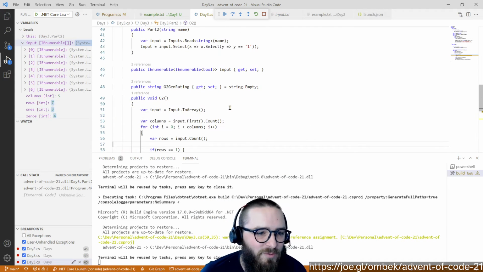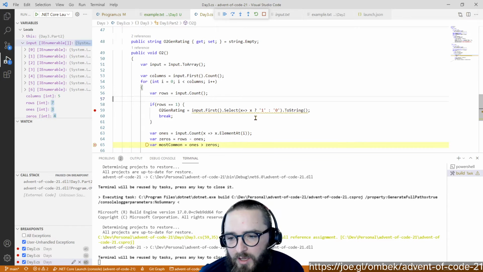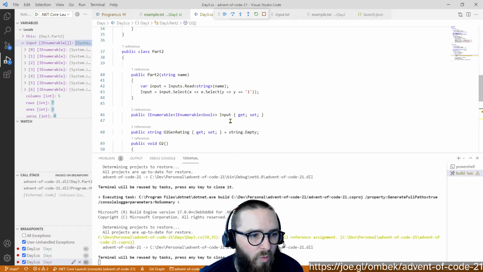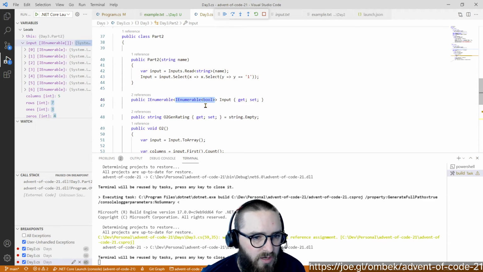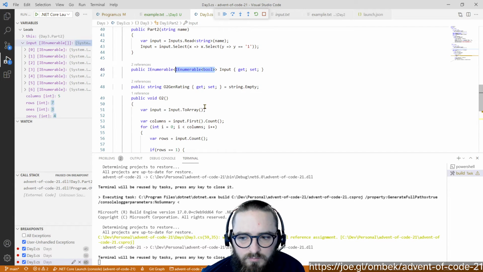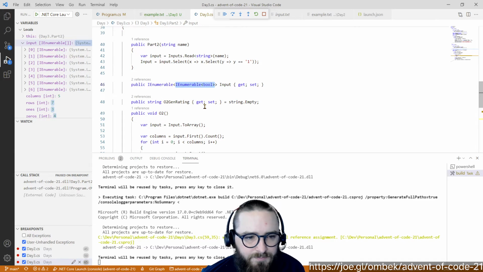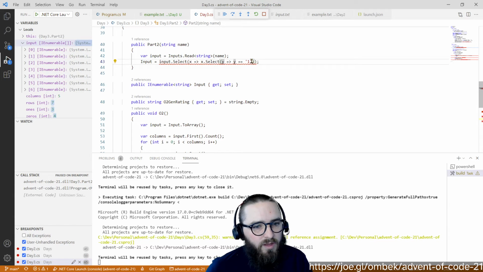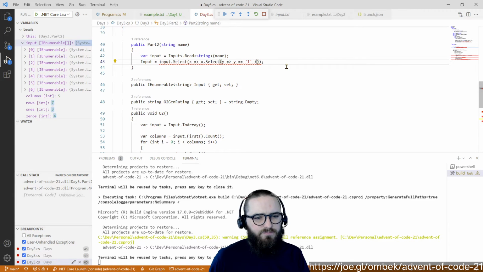Also, because the way I've decided to store these as IEnumerables of Boolean, it makes it very difficult to diagnose. It's a real pain to look at what's going on. So I'm very tempted to swap this out for a string, just so I can work out what's going on. Just diagnostic wise, it feels a bit nicer.